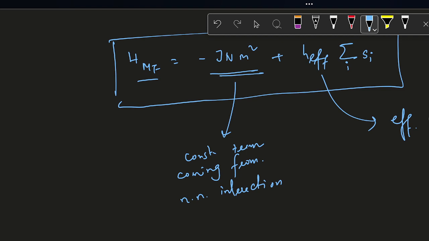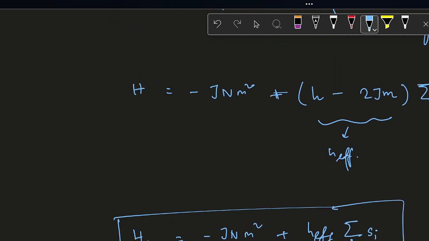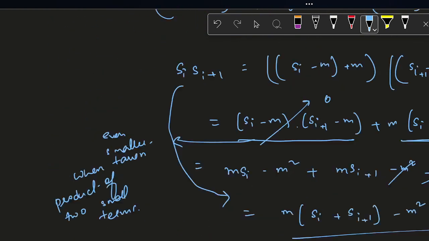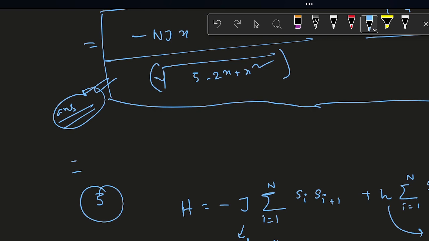Is this h effective always positive? That depends. In our problem, h is given as plus h S_i in the main Hamiltonian. There is a plus h factor.